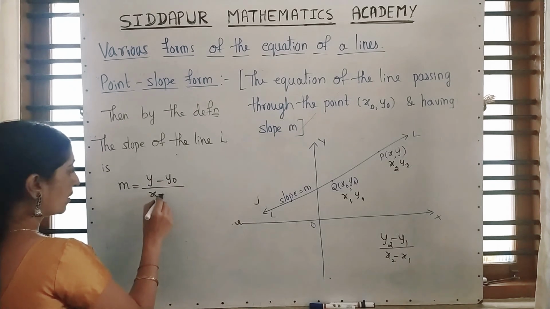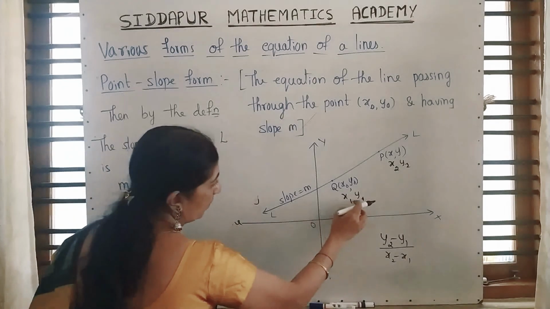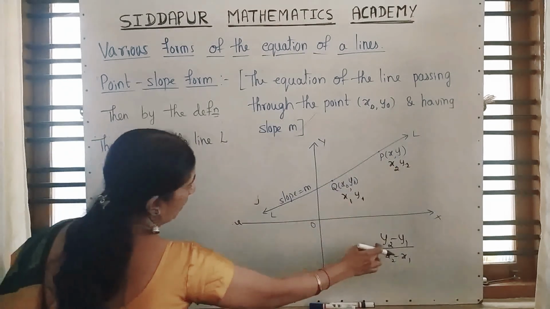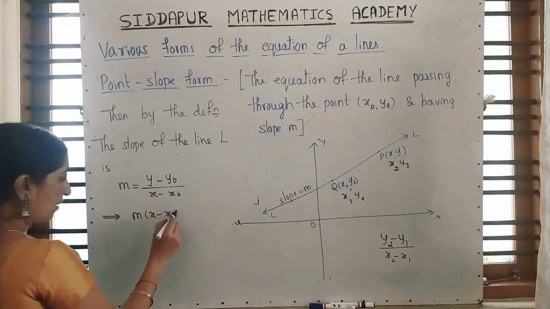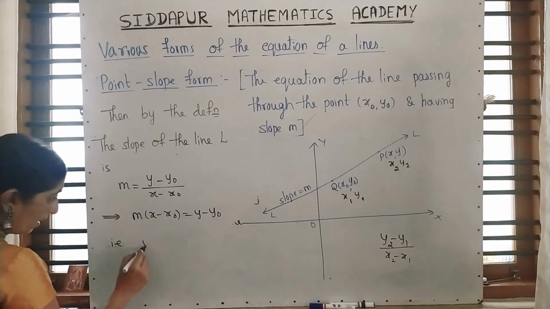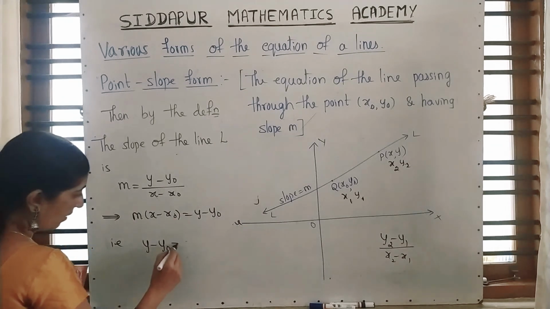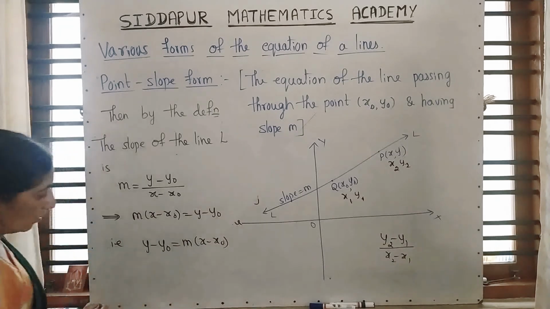For convenience, I am writing y - y naught = m(x - x naught).